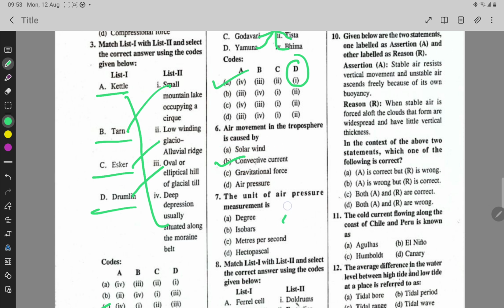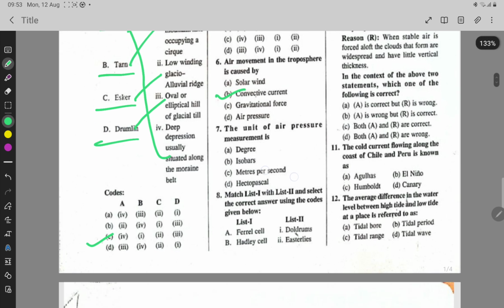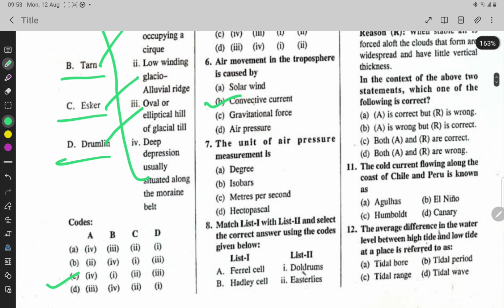The unit of air pressure measurement is hectopascal, where 1 hectopascal is equal to 100 units of Pascal.